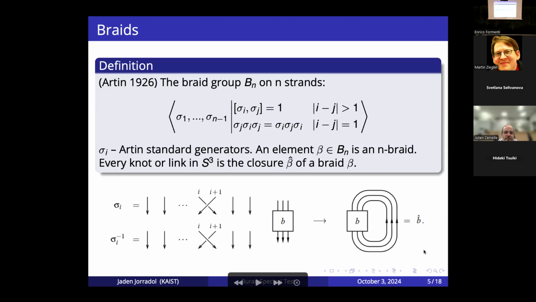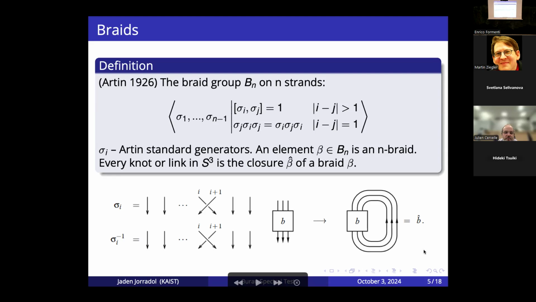So this is sigma 1, sigma 2, sigma 1. And then if you follow the relation, it is equivalent to sigma 2, sigma 1, sigma 2, which is like this. If you look at this, you move this crossing over to the bottom and the two braids are equivalent. So this is the basics of Artin generators.